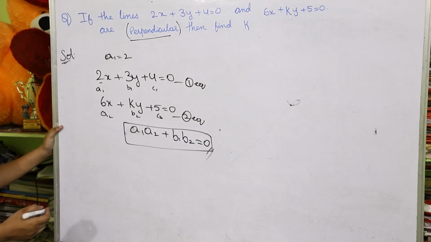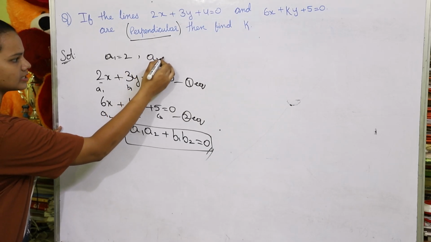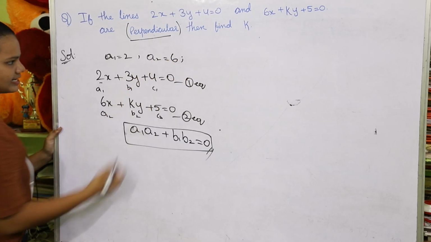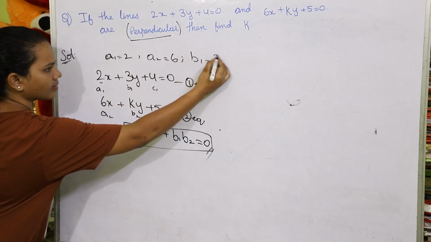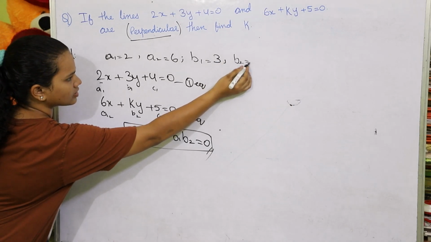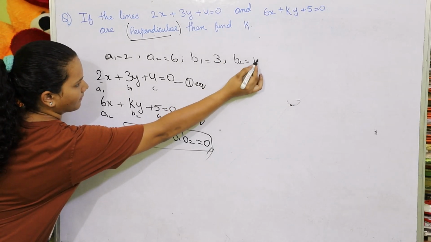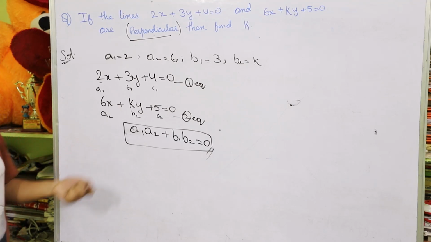So a1 is equal to 2, a2 is equal to 6, b1 is equal to 3, and b2 is equal to k. So we must find the b2 value.